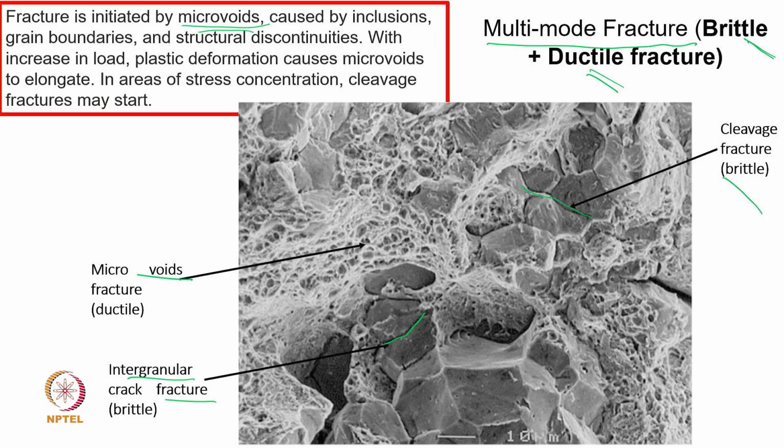It is like a small bubble created on a surface, and it may be because of inclusions, or because the grain boundaries are a weak plane, or some other discontinuity in the structure.